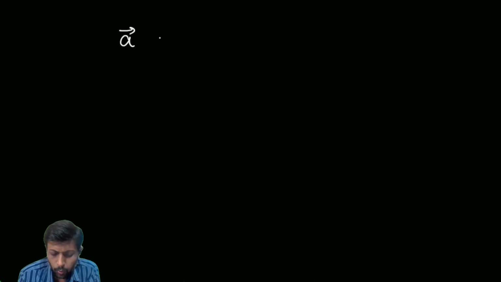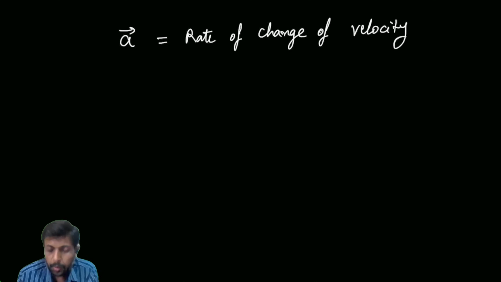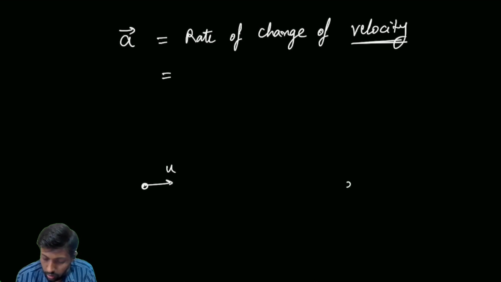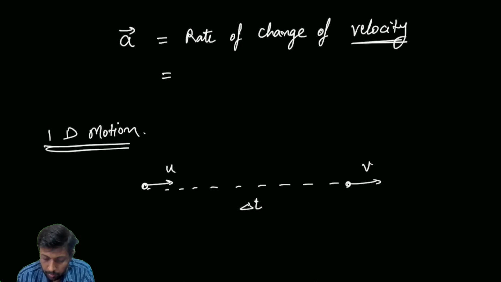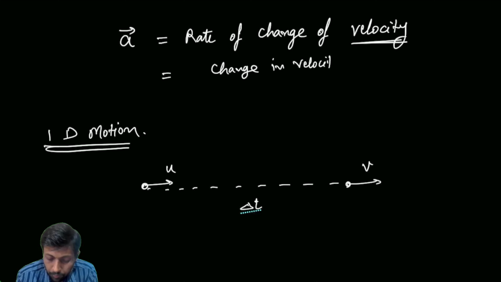It is a vector quantity and it is defined as the rate of change of velocity. Remember, velocity, not speed. If the velocity changes from u to v for 1D motion, and this change happens in a time interval delta t, then acceleration is going to be defined as the rate of change of velocity. That means change in velocity upon time taken.